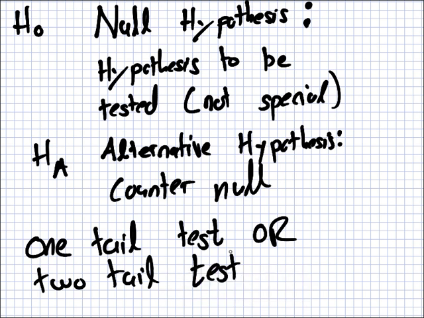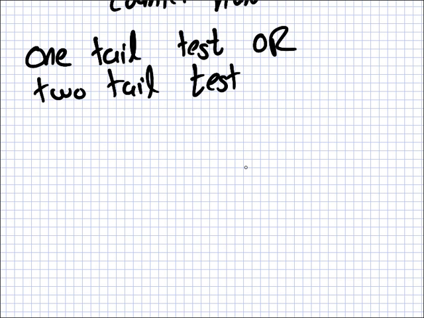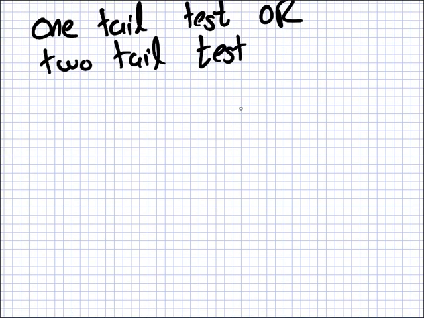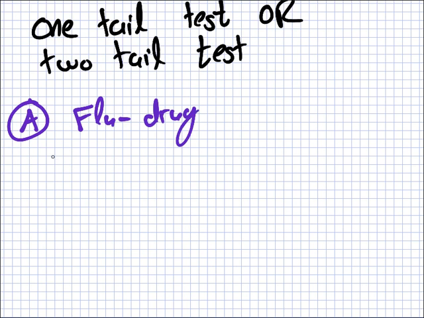Can I scroll down? Okay. So, I'm going to give you two situations that demonstrate the difference. So I'll say situation A is maybe you're testing some new cold medicine or some new flu drug of some kind. So we have some kind of flu drug, and the hypothesis that you're testing, well, you might get this, that it has no effect.